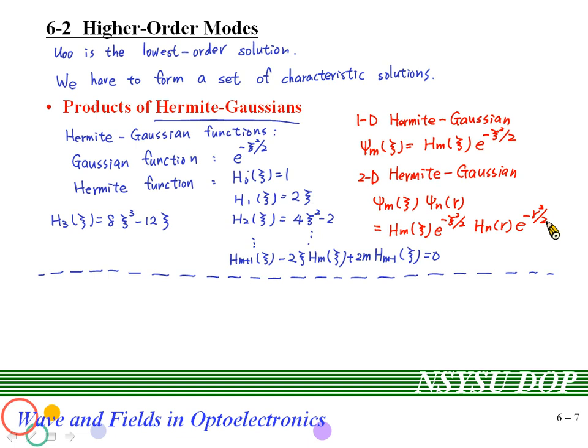Okay, then let's go back to the U00 function. The U00 function can be expressed like this in the Hermite-Gaussian form.